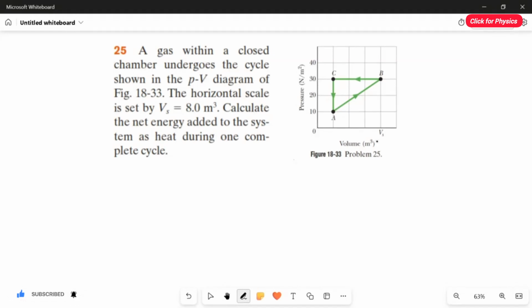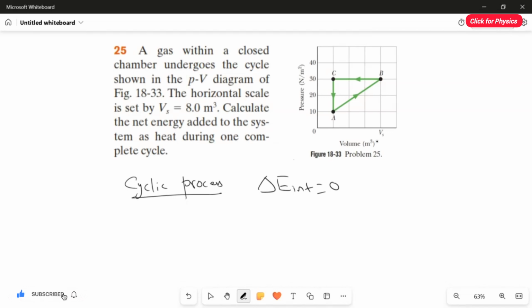Also, in a cyclic process, from the theory we studied in chapter 18, the change in internal energy of the system is equal to 0. That means for a cyclic process, the condition is that the internal energy change should be equal to 0.